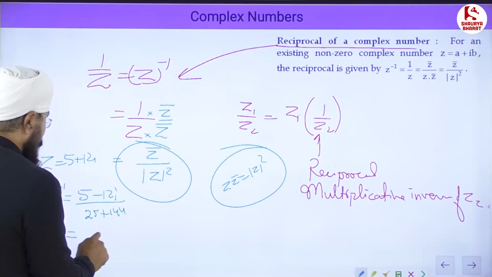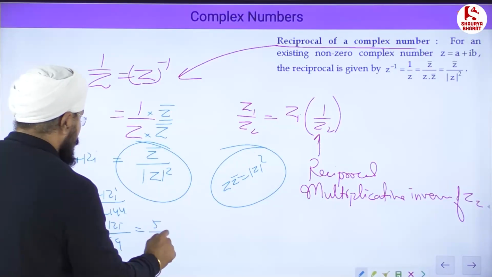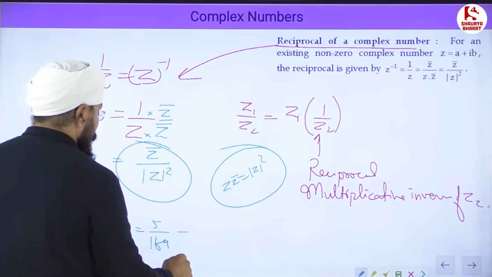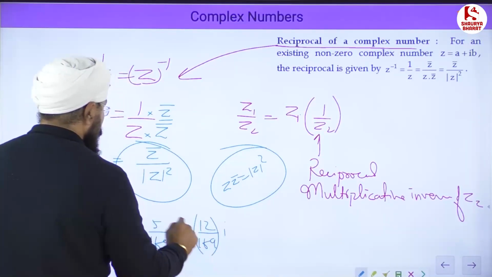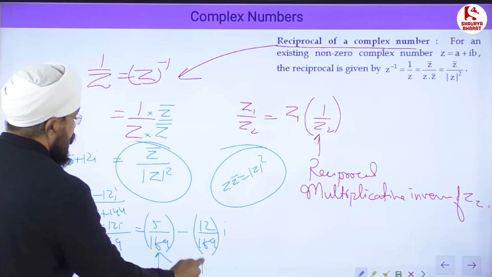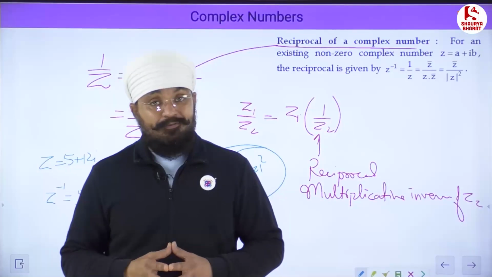It's a Pythagorean triplet, so we get 169 in the denominator. And 5 plus 12 iota. So we can write this one as 5 upon 169 minus 12 upon 169 iota. So this one is the real part and this is the imaginary part with that minus sign. This is how we can find the reciprocal of a complex number.